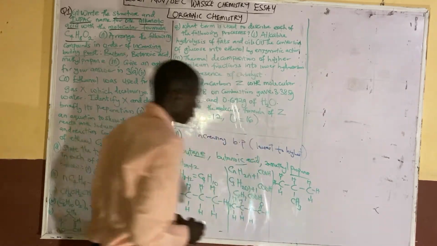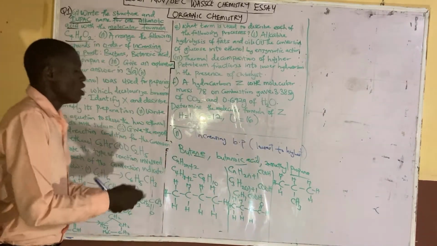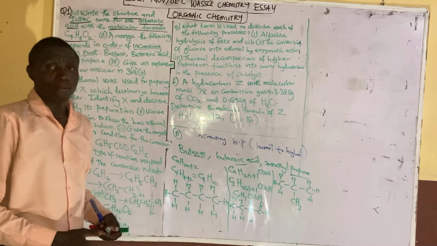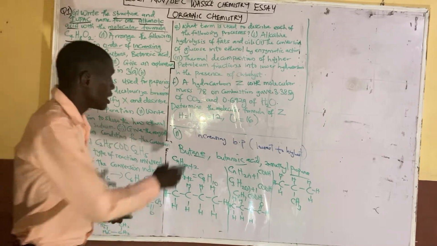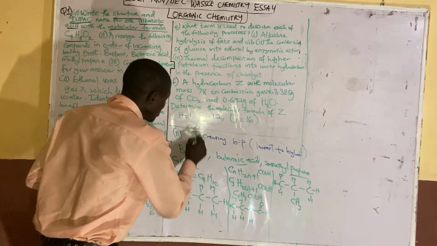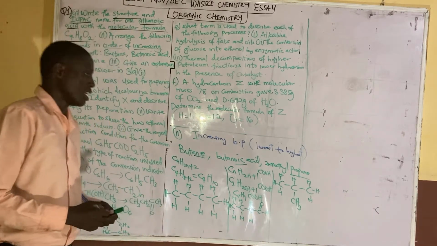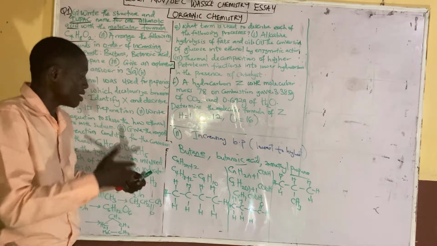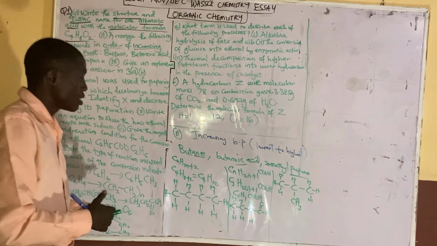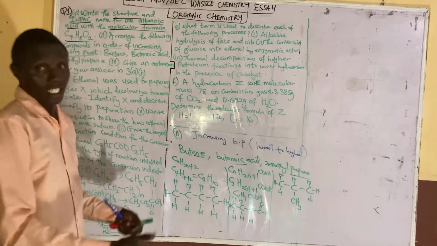So now, how will I proceed from here? Don't forget that we are dealing with increasing boiling points. Which one has the lowest? Which one is in the middle? And which one has the highest?